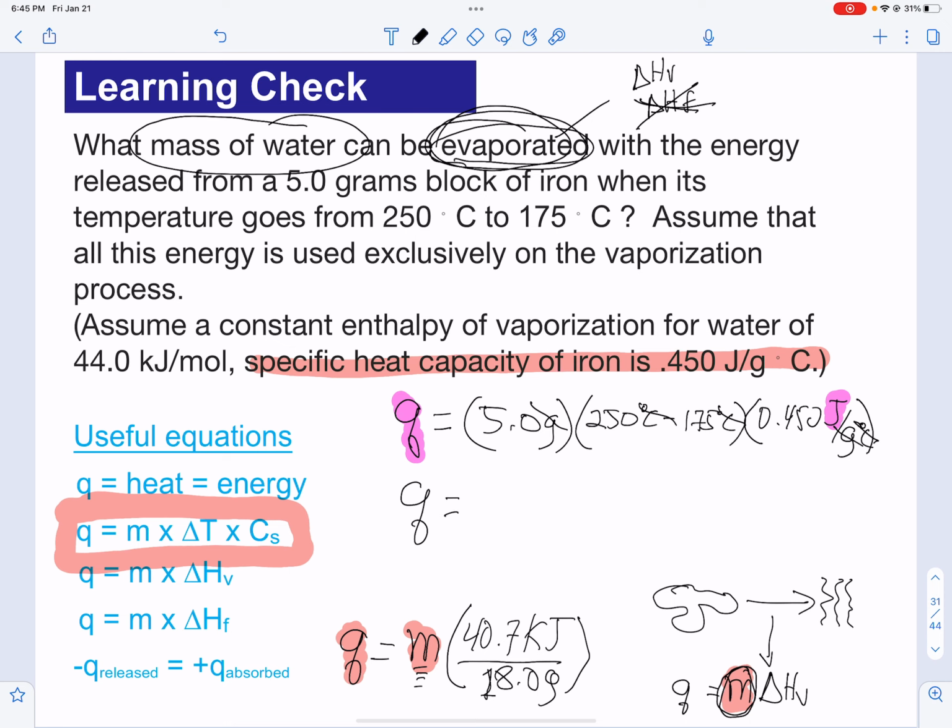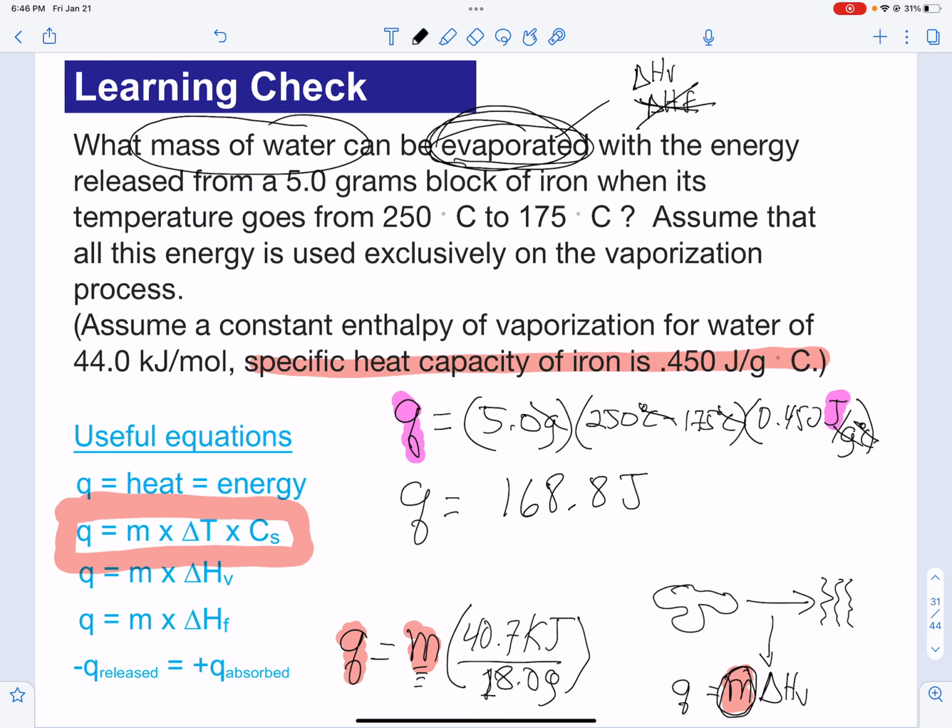So when I do this operation, my result is going to be 5 multiplied by 250 minus 175 multiplied by 0.450. So that's going to be 168.8 joules. So that's how much energy the iron block is releasing.